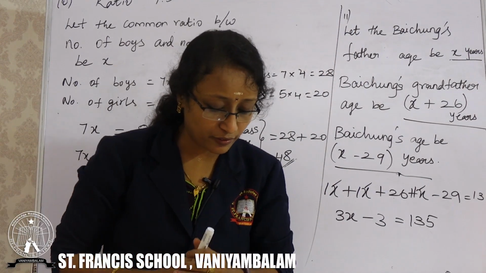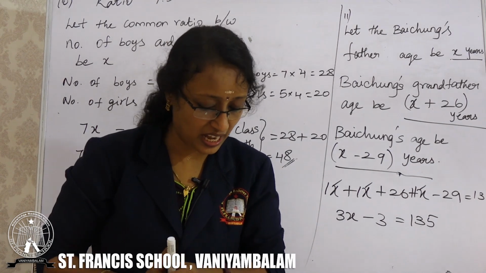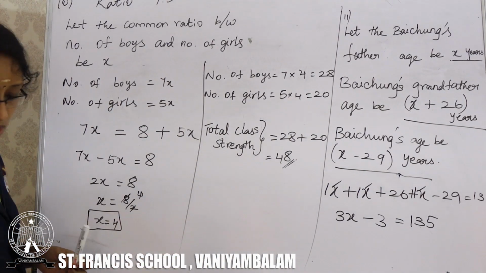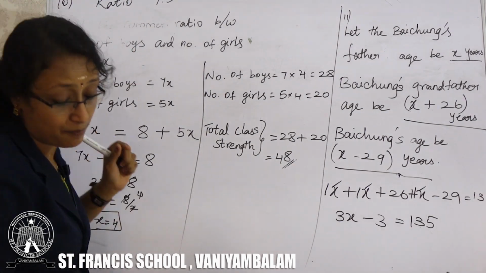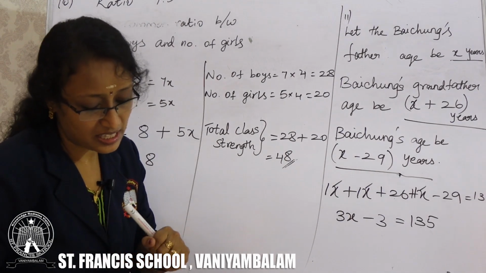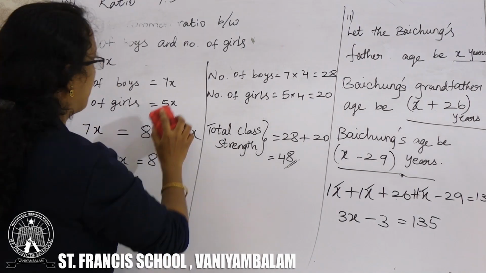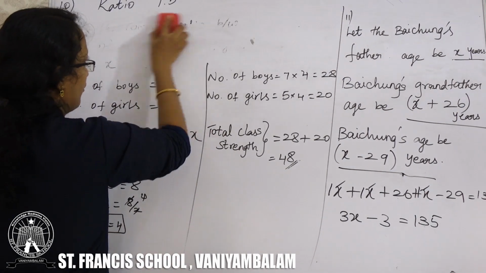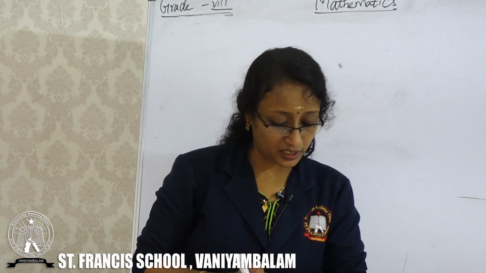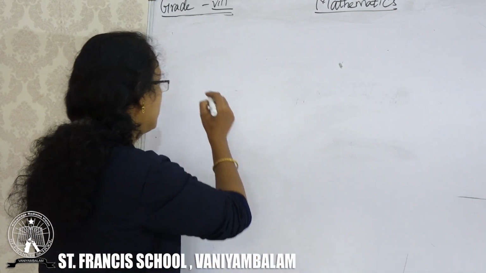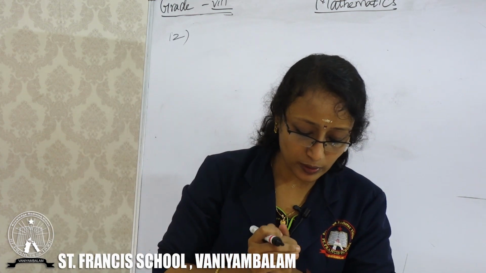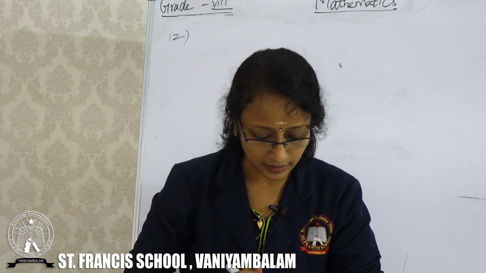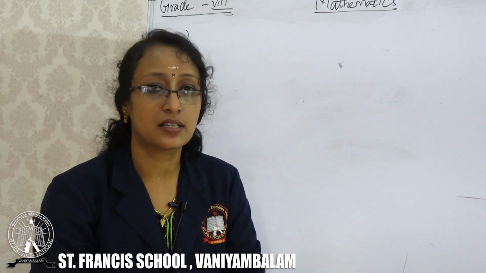Next problem, the 12th problem. 15 years from now, Ravi's age will be 4 times his present age. So how will you do this? What is Ravi's present age?